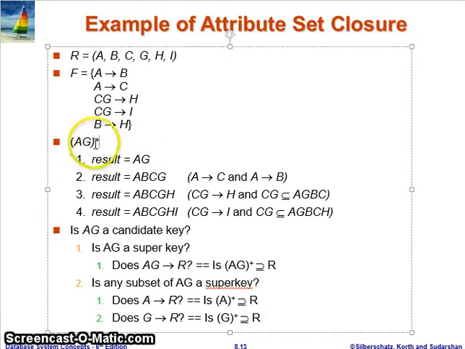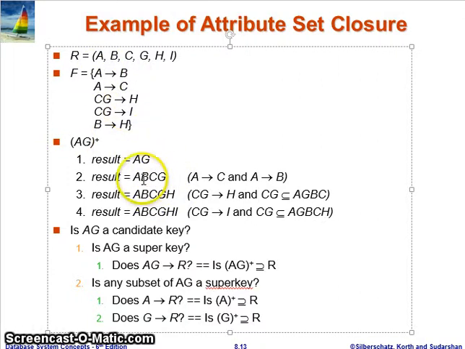First, with AG we can derive attributes A and G by the first property of Armstrong axioms, the subset rule. So we can derive AG, and let's try the other attributes.